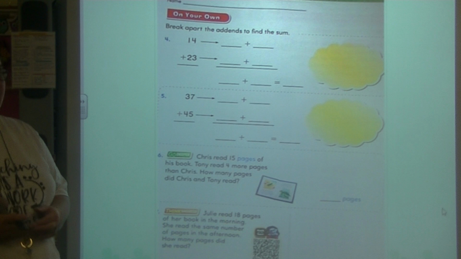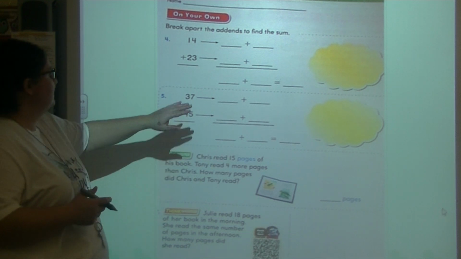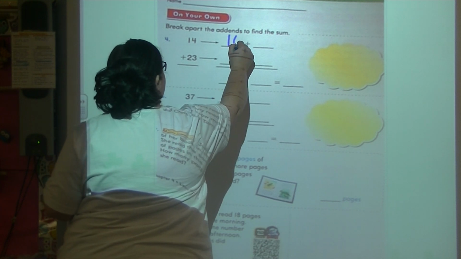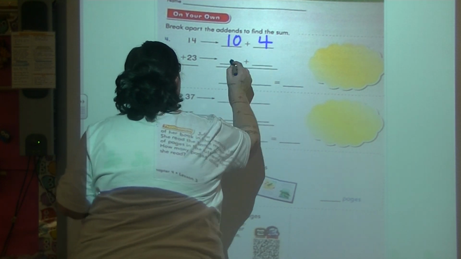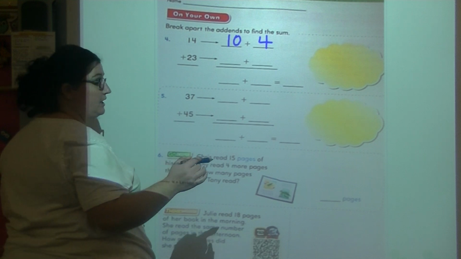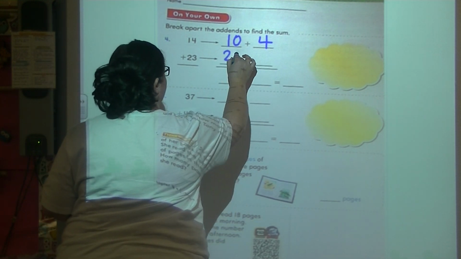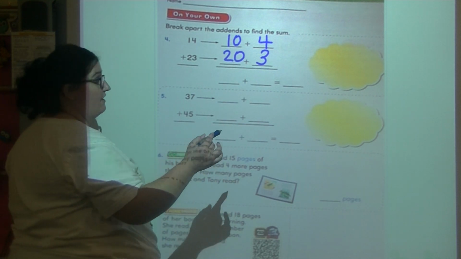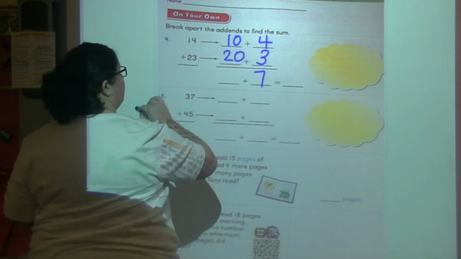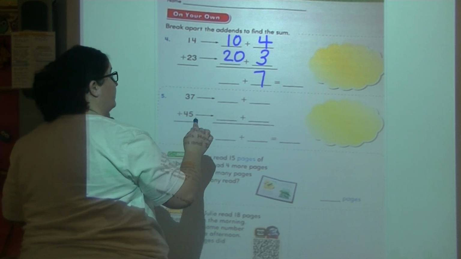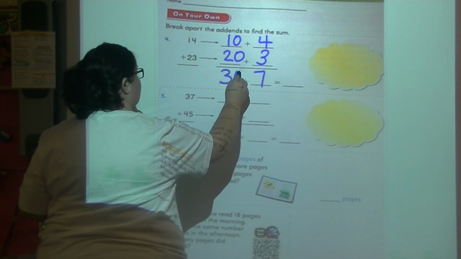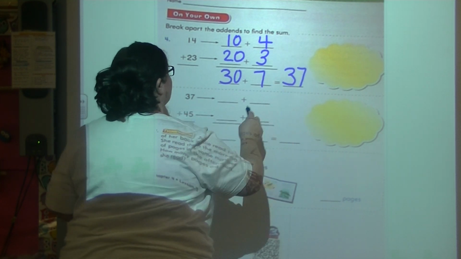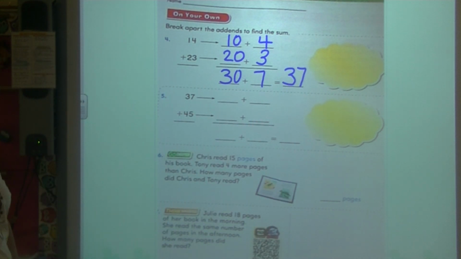All right guys, let's see how well you did on these. 14 is 10 plus 4. 23 is 20 plus 3. When you add 4 plus 3 is 7. And then in the tens, 10 plus 20 is 30. 30 plus 7 equals 37. The answer to number 4 is 37.